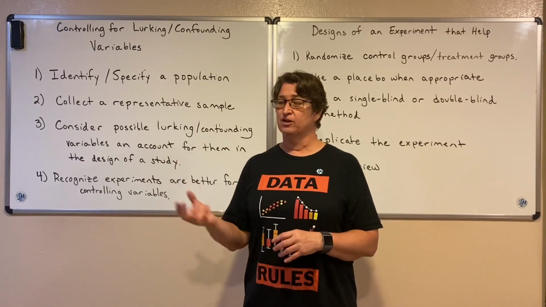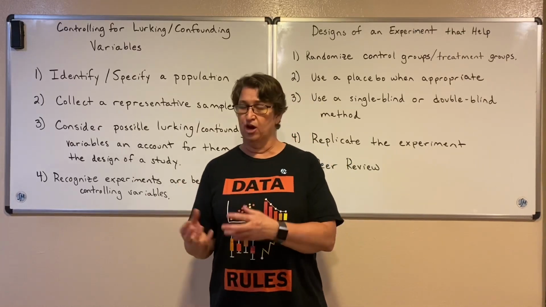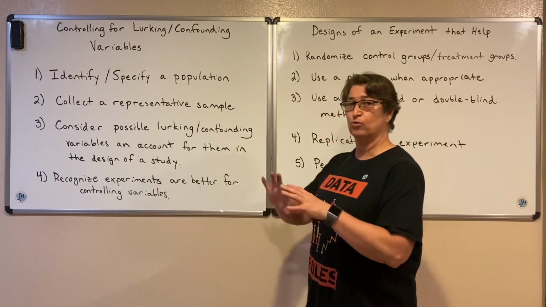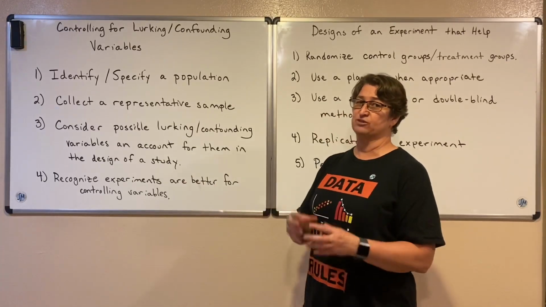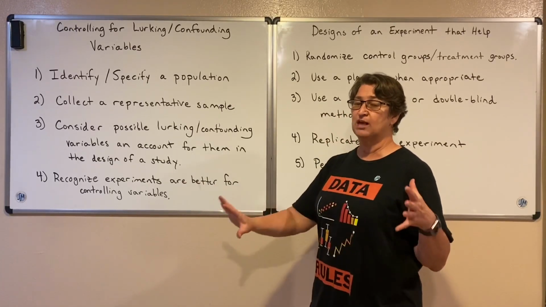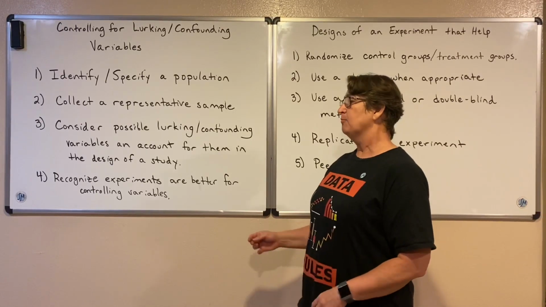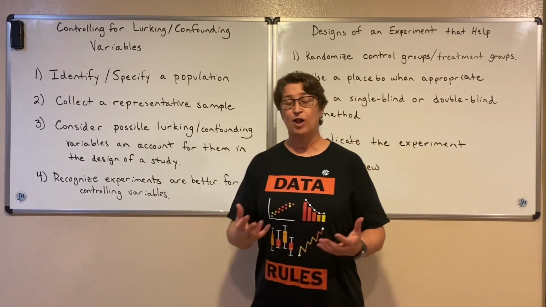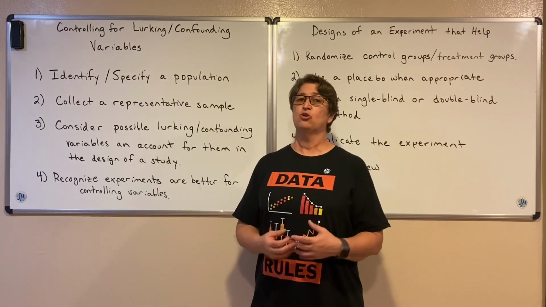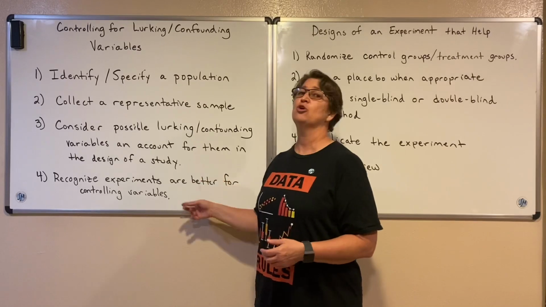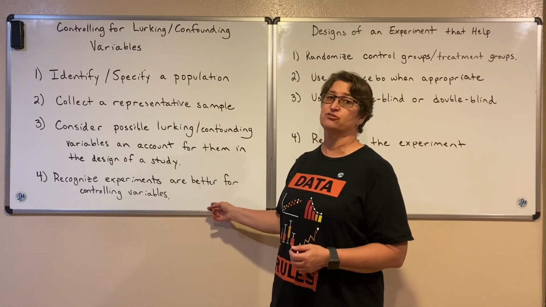So if we have a certain number in our population, we want it to be representative, and then we want to account for any differences to make sure that we're eliminating those outside variables to begin with. Then we need to recognize that while with observational studies we can start to account for those and help to make them better, really experiments are the best.